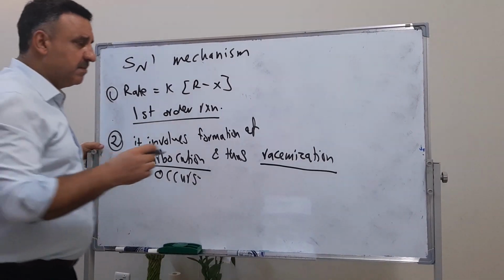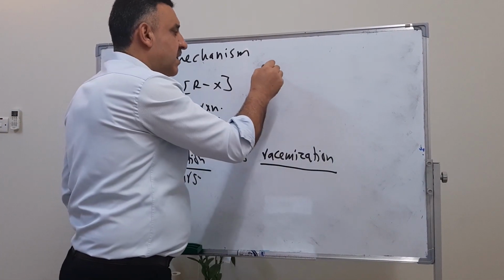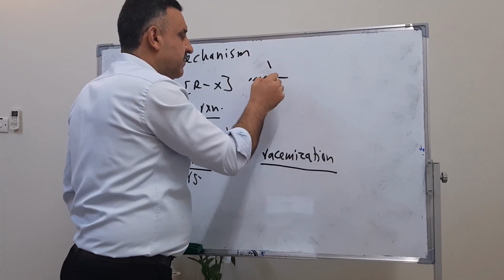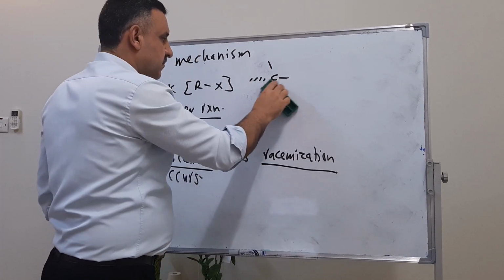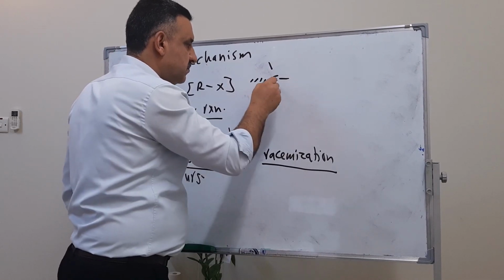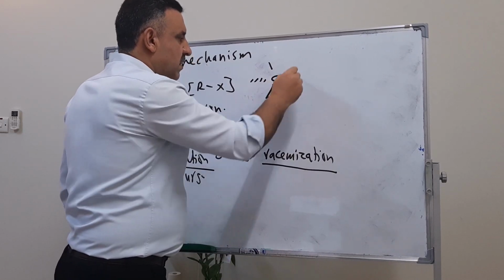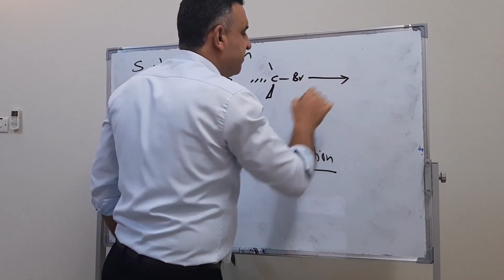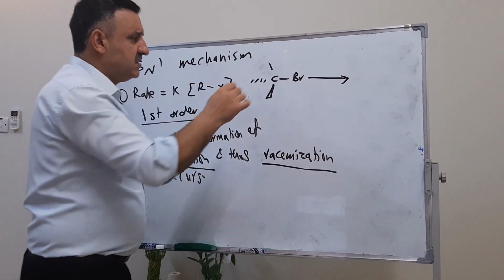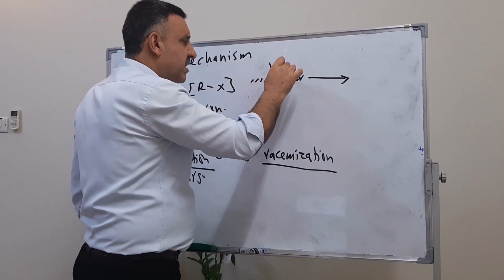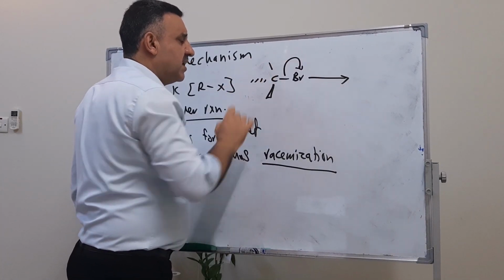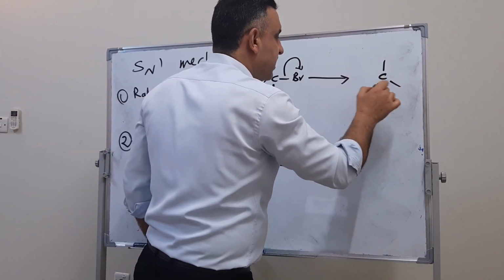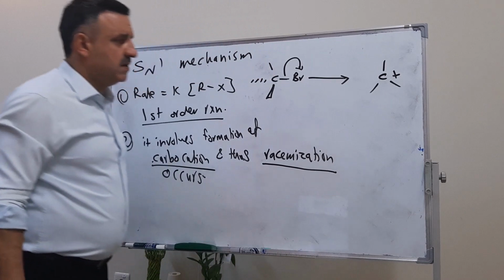Let's take an example. Here we have a carbon attached to, of course, 4 bonds, one of which is the halogen, suppose Br. In the reaction mechanism, the first step will be the breaking of the bond between the carbon and the halogen, and then a formation of a carbocation, with a plus here.